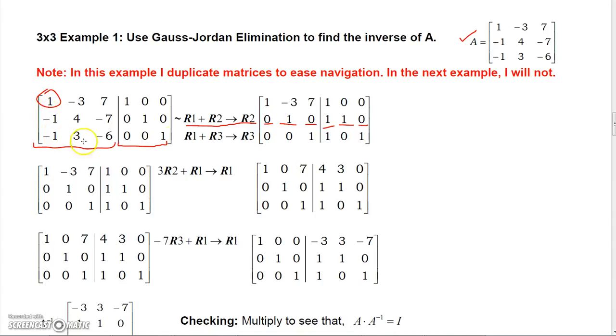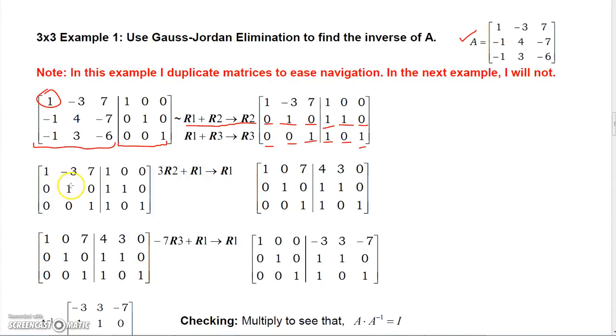So 1 plus negative 1 is 0, negative 3 plus 3 is 0, 7 plus negative 6 is 1, 1 plus 0 is 1, 0 plus 0 is 0, and finally 0 plus 1 is 1.